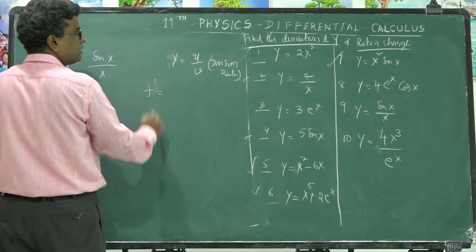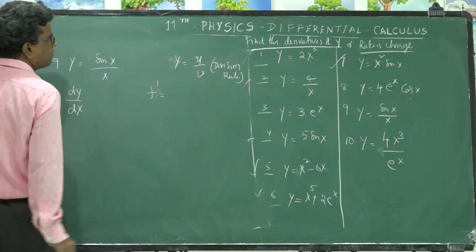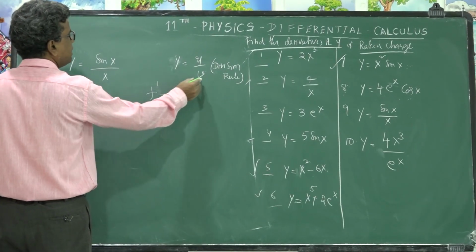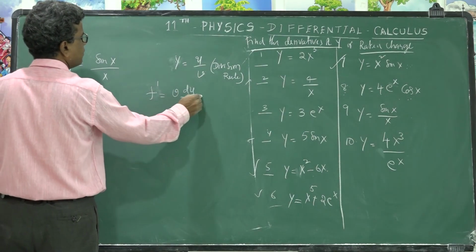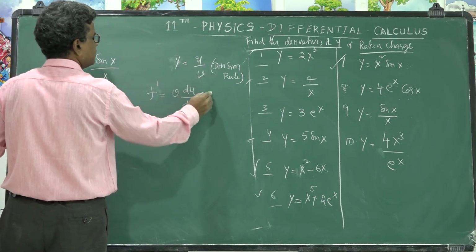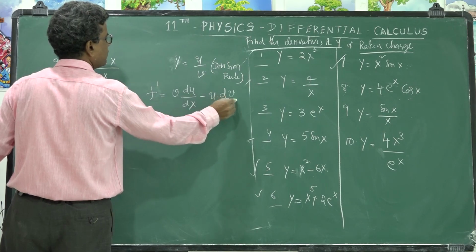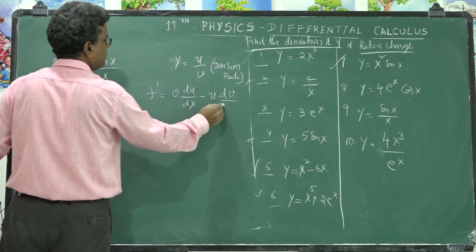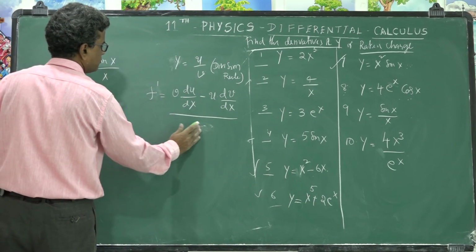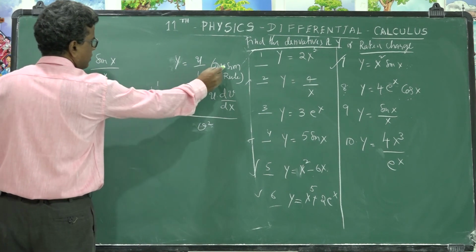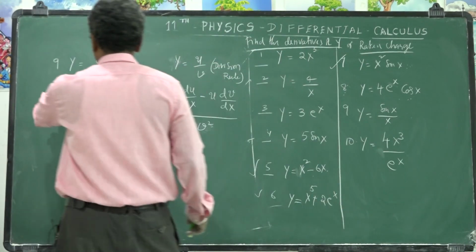F dash, the derivative of this function u by v, is: you write v, the denominator, times the derivative of the numerator du by dx, minus the numerator times the derivative of the second one dv by dx, all over denominator square. So this is the division rule. To get this derivative, I am using this formula.